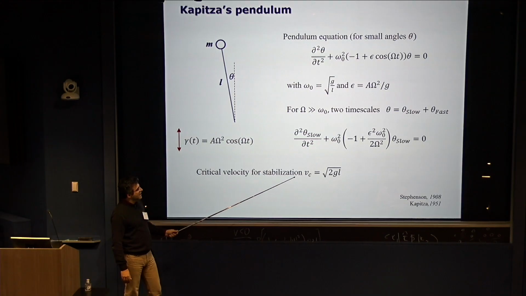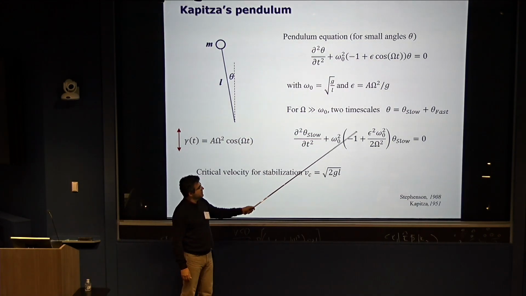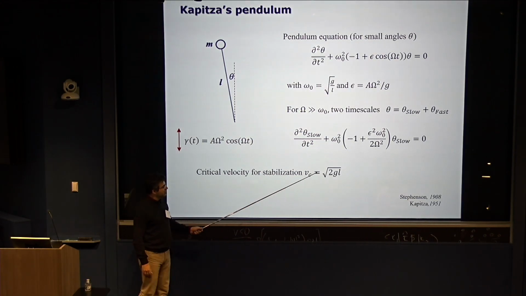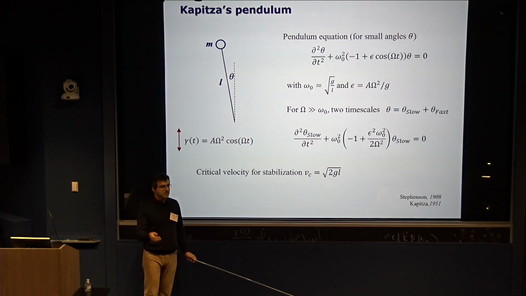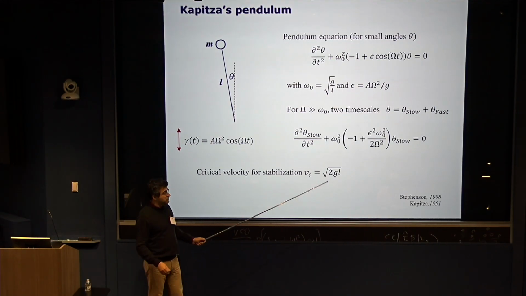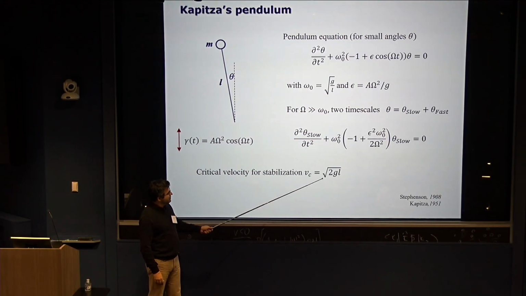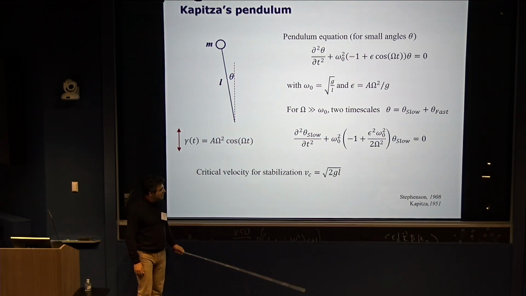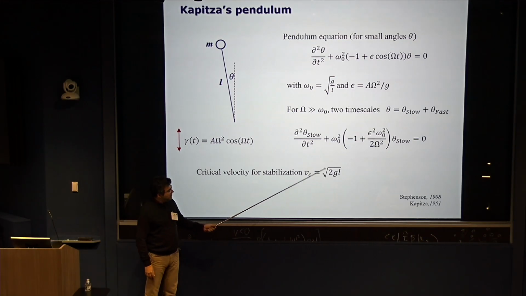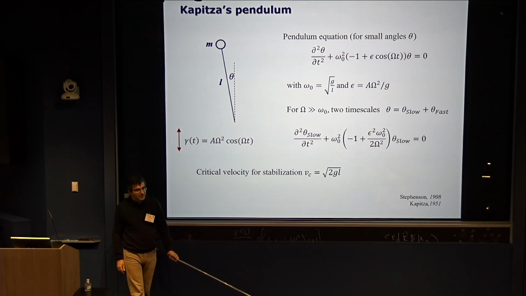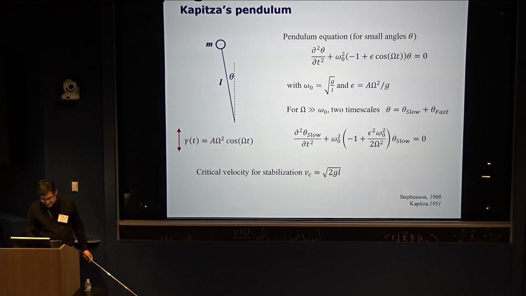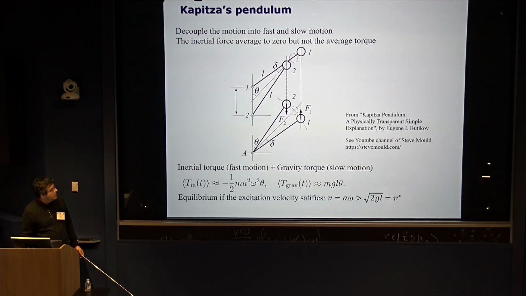And when this term is bigger than the -1, then you find that there is a critical velocity of excitation, which does not depend, by the way, on the frequency, it's not a resonance phenomenon, and you have this formula, which is proportional to the square root of GL. So that's the basic of a pendulum.